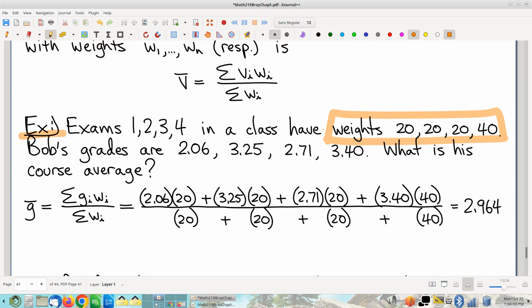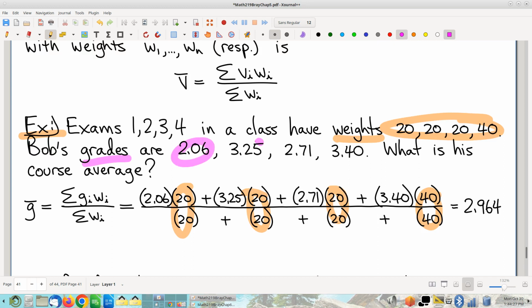But as an example for a weighted average, just keeping it numerically a little bit more convenient, notice these weights go like that. And the grades in particular that Bob scored go like that.